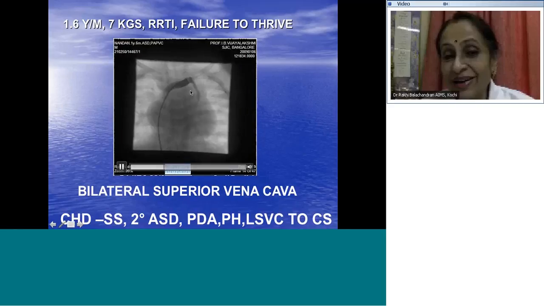Innominate vein, Mahendra, that is right. So what do you see when you do the hand injection? What is this? That is the LSVC, left superior vena cava. Left superior vena cava, it is not the vertical vein.